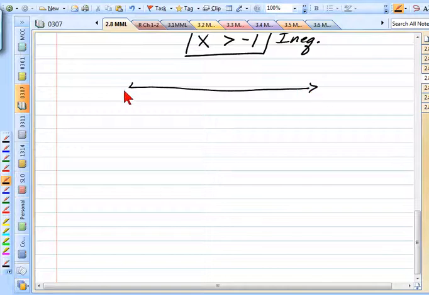Negative 1. Now x is supposed to be greater than that. So which way will it go? It'll go to the right. And what symbol will I put at negative 1? The parentheses, which means not included. Is everybody okay with the number line? All right, now that's the second form of my answer. It will be multiple choice in my Math Lab.